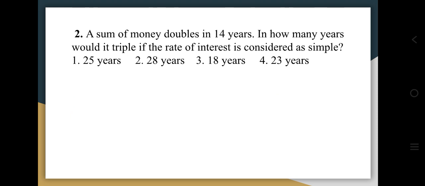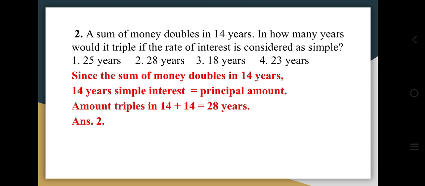After 14 years, we get the principal amount plus 14 years interest, which is 2 times the principal amount. So 14 years simple interest is equal to the principal amount.